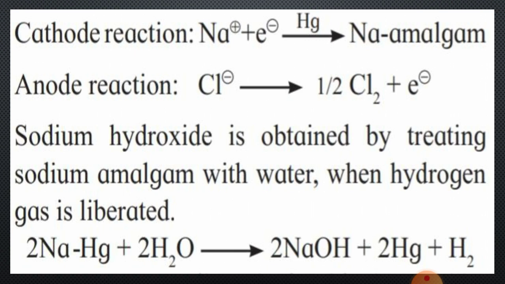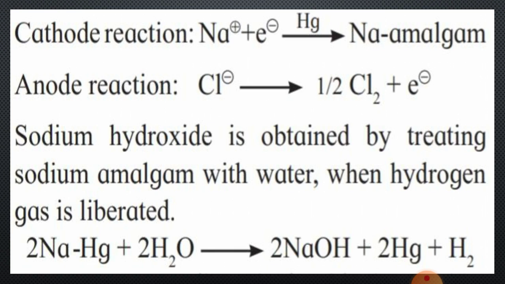At the anode, chlorine gas will be liberated: Cl- gets converted into Cl2. Taking half a molecule, the 2 will be cancelled, and Cl- will get converted into half Cl2 plus an electron.